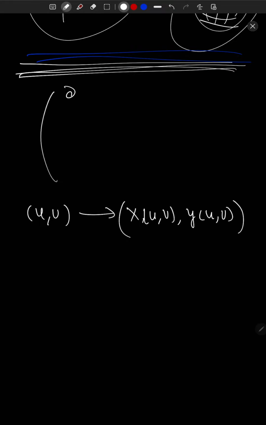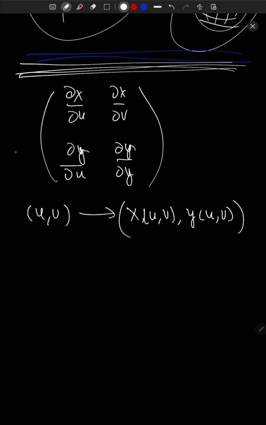Then we looked at this guy, dx/du, dy/du, dx/dv, dy/dv, and our Jacobian was the determinant of this matrix. We explained that this is the area of a parallelogram. And in three variables, it's the volume of a three-dimensional extension of a parallelogram. I don't know what to name it, parallelepiped or something.